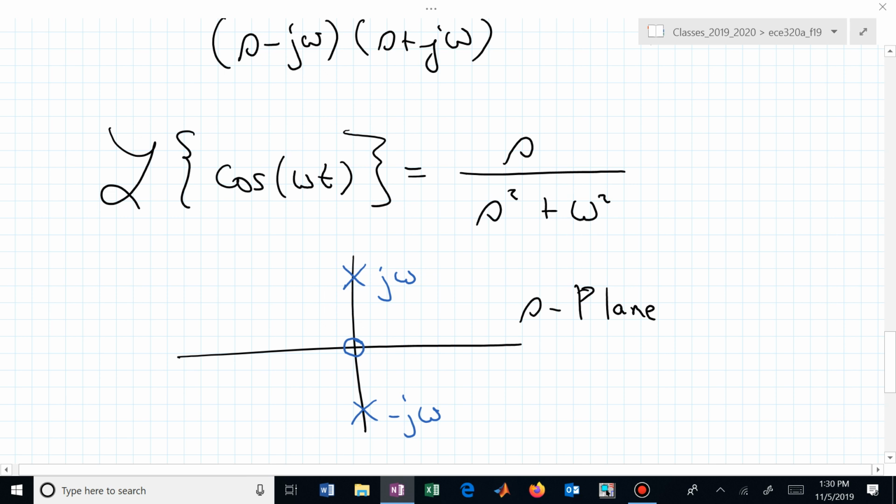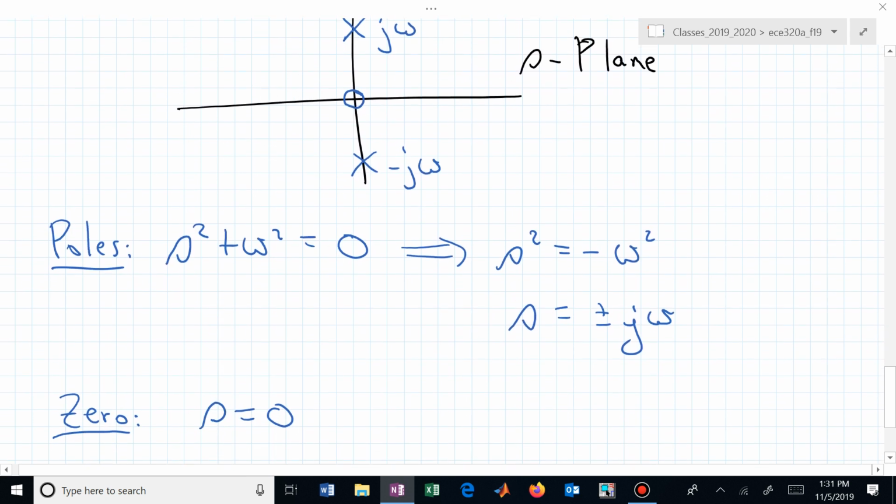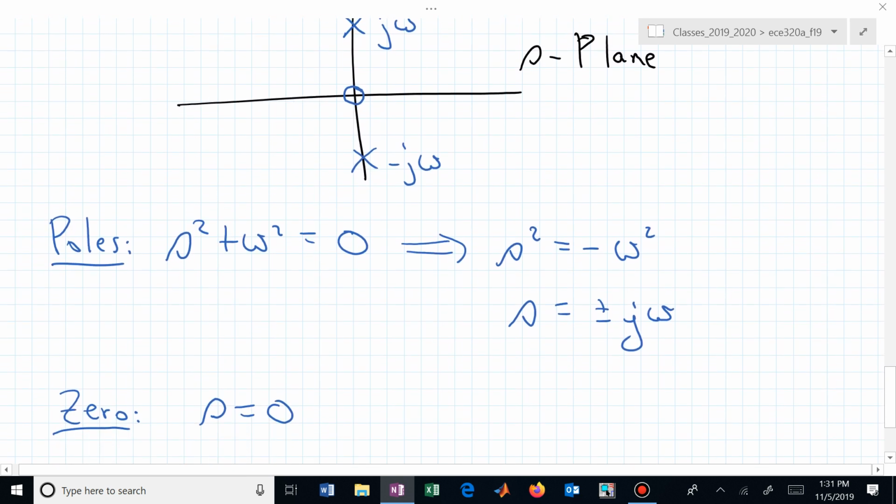So it really favors that frequency of omega as you walk up the imaginary axis. And that's what I just said. The poles, s squared plus omega squared equaling 0, and the zero is when the numerator is set equal to 0, and that's when s is equal to 0.